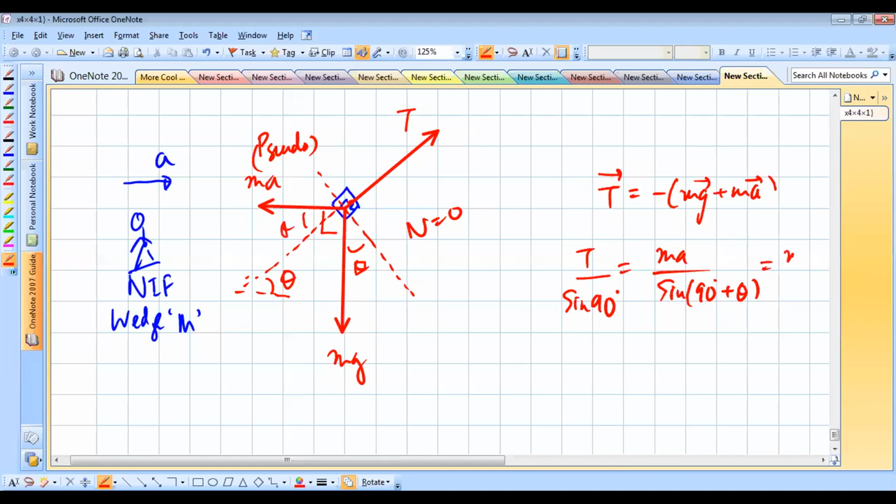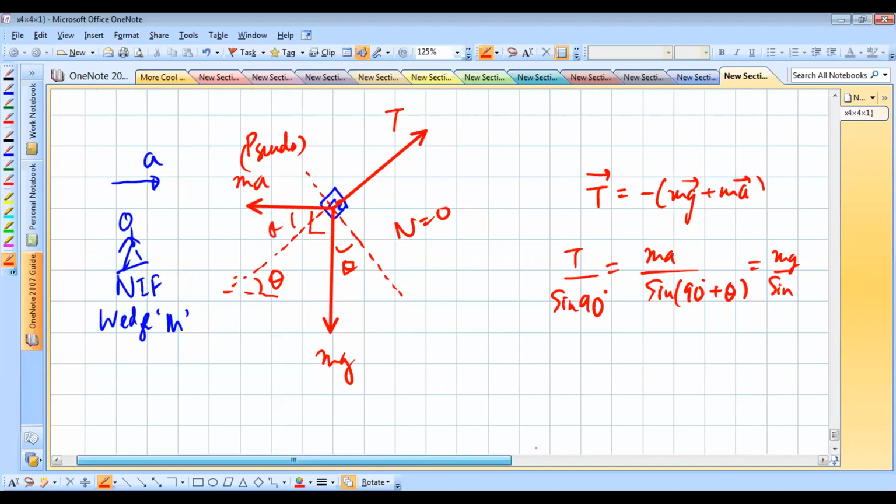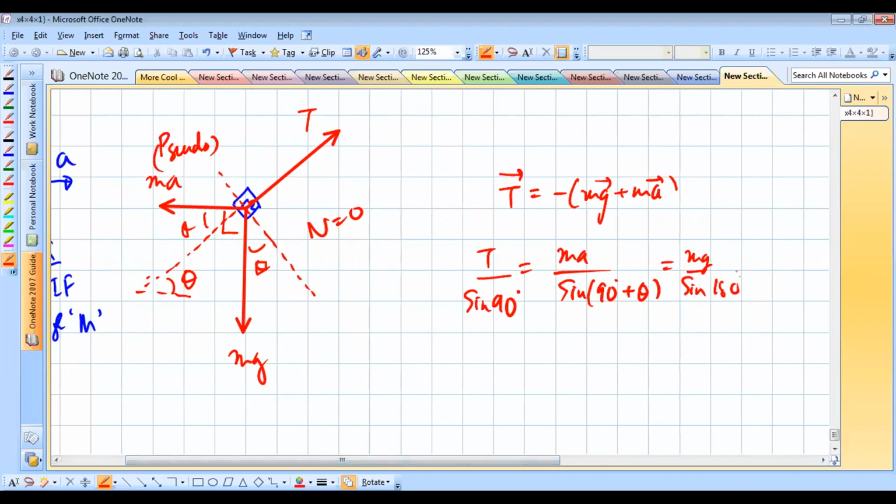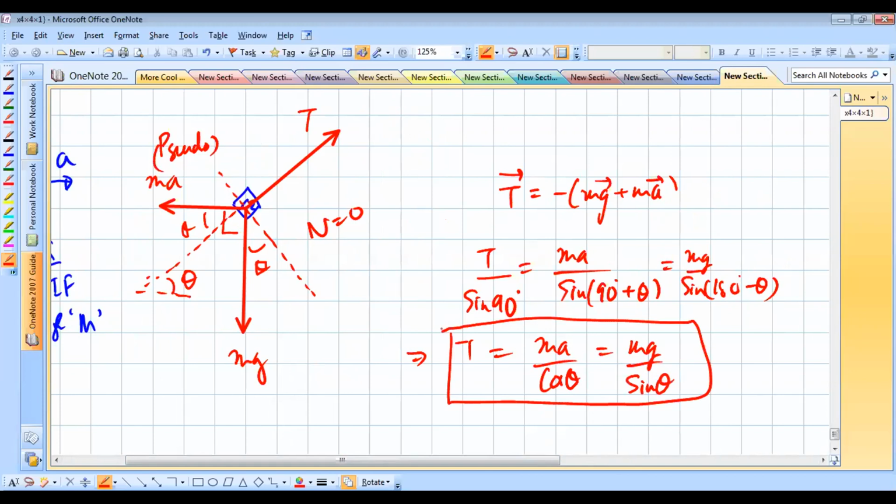So it should be equal to mg upon sine of 180 minus theta. So tension should be equal to ma by cos theta, which should be equal to mg by sine theta. So from this you will get all the parts quite easily up to tension.